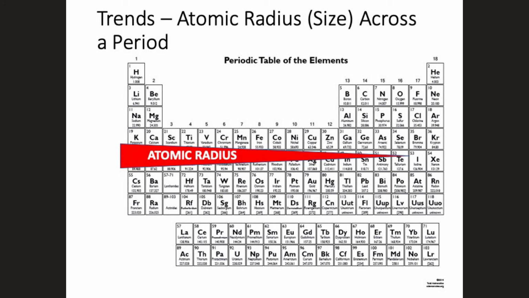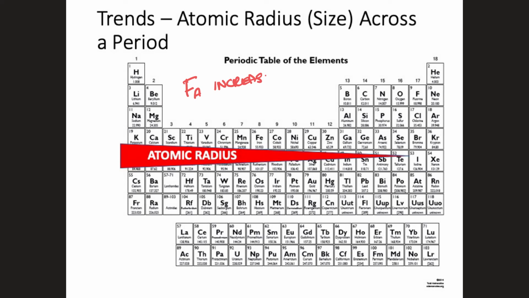Our first trend across a period is the atomic radius. And the atomic radius decreases. So that's what I'm showing here, the decreasing atomic radius. It goes from larger to smaller. Okay? So the atomic radius is decreasing. Now why is that? Well, the force of attraction, as we remember, is increasing.